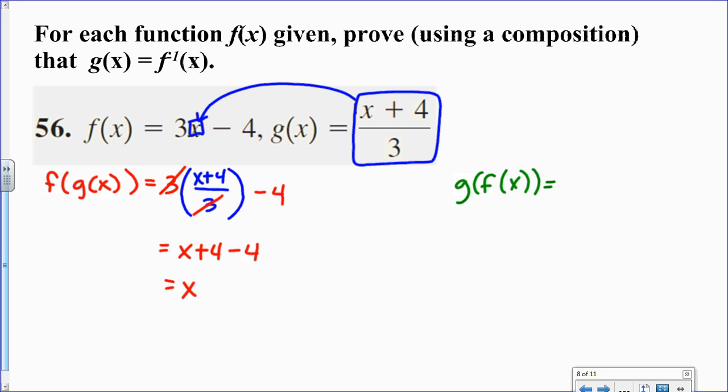Now I need to do the other way. And I need to plug f of x into the x of g of x.